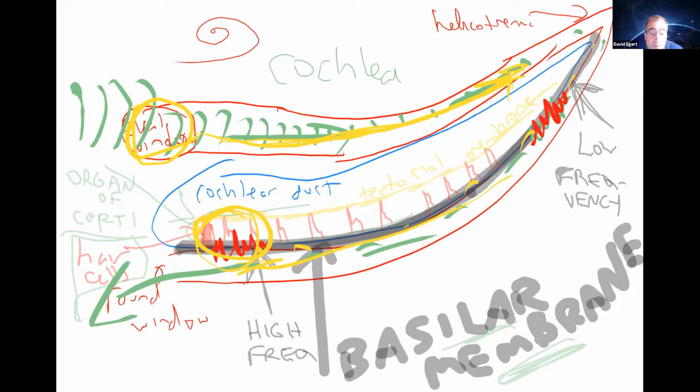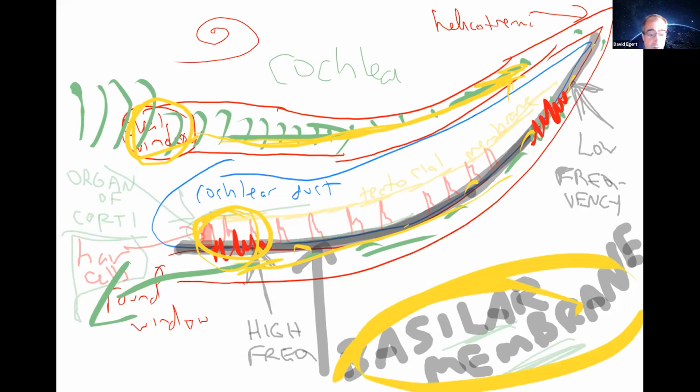In that process, the basilar membrane will start jiggling. Depending on the frequency, it'll be either up near the helicotrema for low or down here for high. When the basilar membrane jiggles, it jiggles the organ of Corti, which are the hair cells. And as those hair cells bend, it sends an electrical signal to the brain, and that's your experience of hearing.